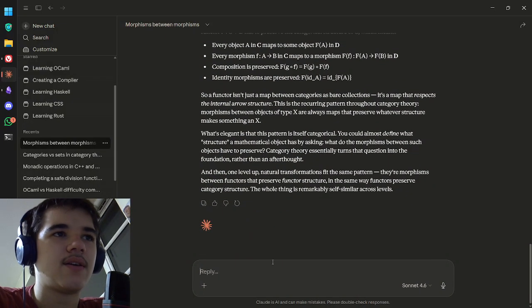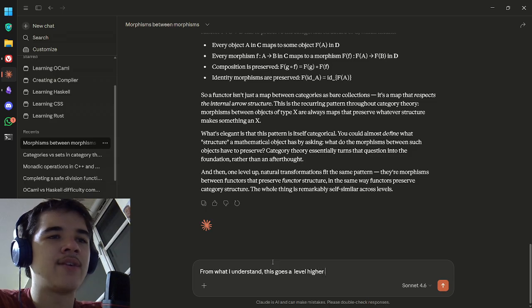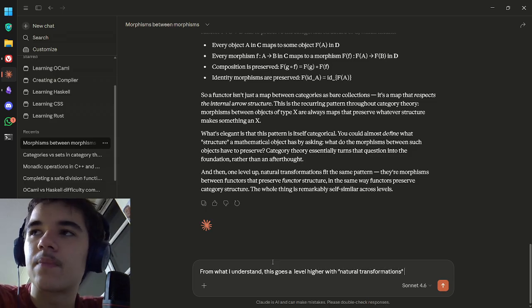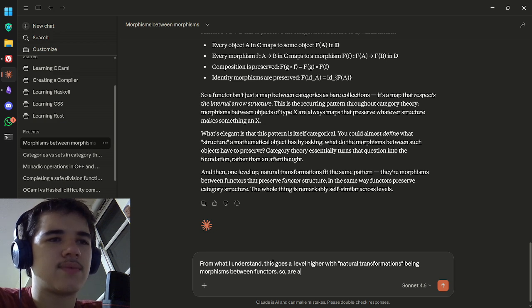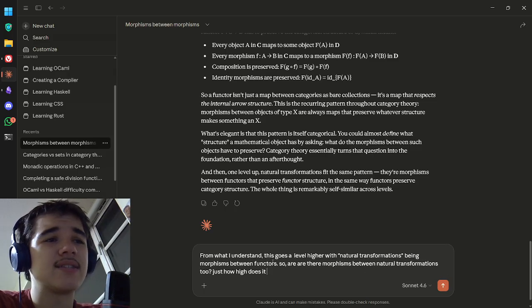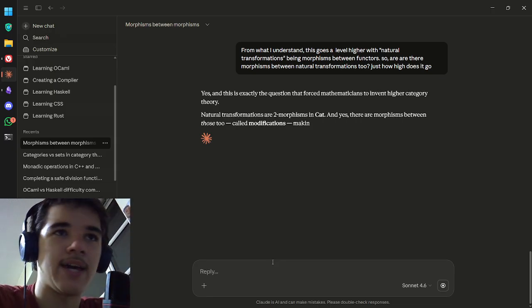From what I understand, this goes a level higher, with natural transformations being morphisms between functors. So are there morphisms between natural transformations too? Just how high does it go? Unless my premise is wrong, but okay, it's not wrong.